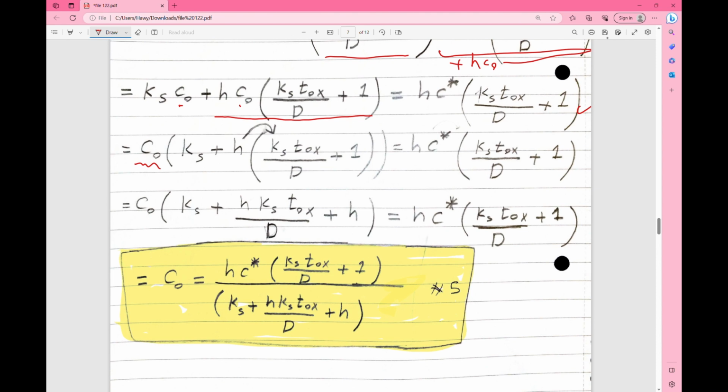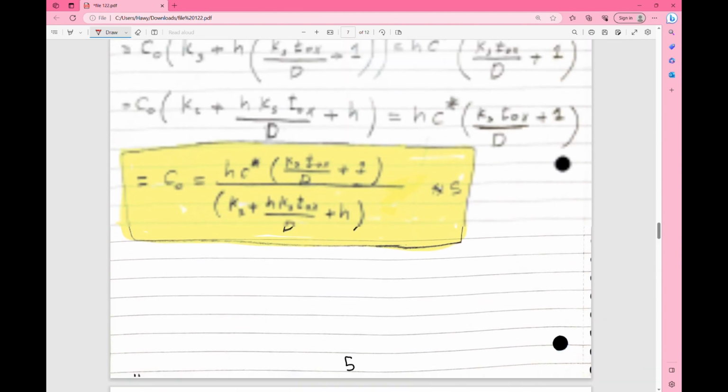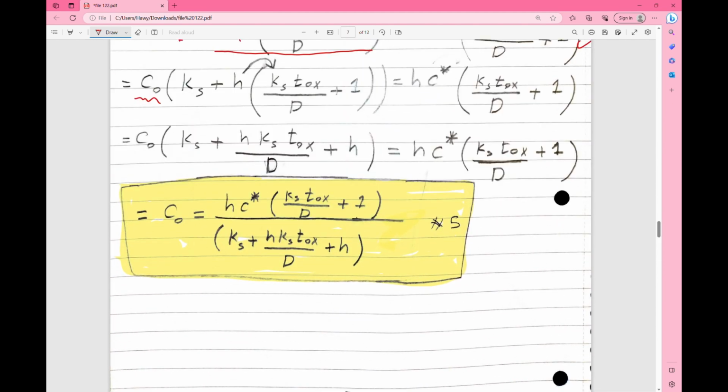It will be HKs over H. Now just solve for C naught and divide over this part. So this part will be over this part, just a normal divide. This part divides on themselves, so it will be gone from the right hand side. It will be in the left hand side here. This solution will be like this, and we call this equation 5.